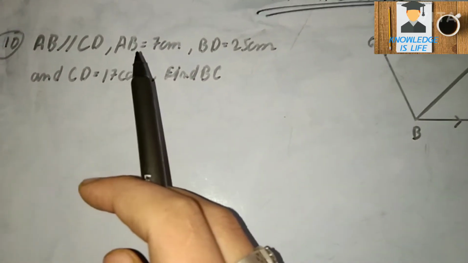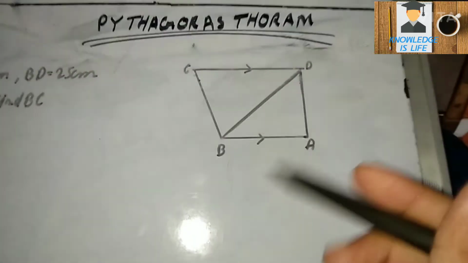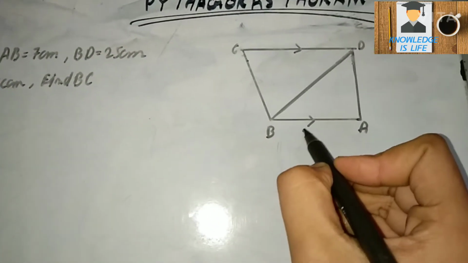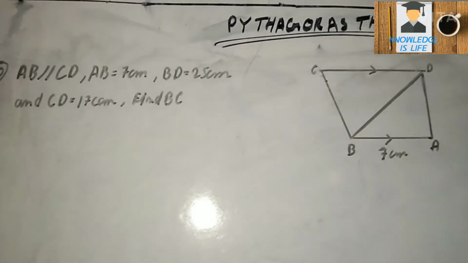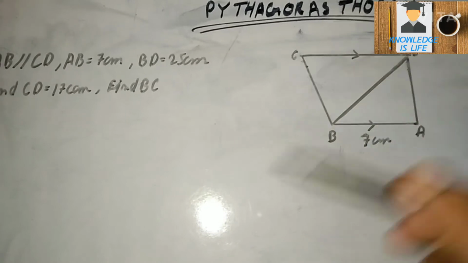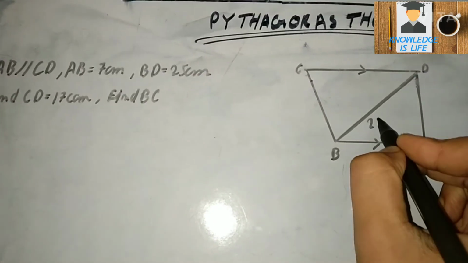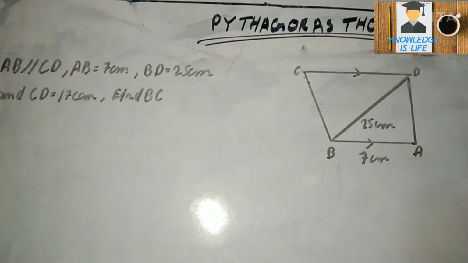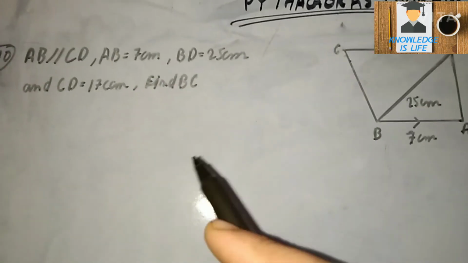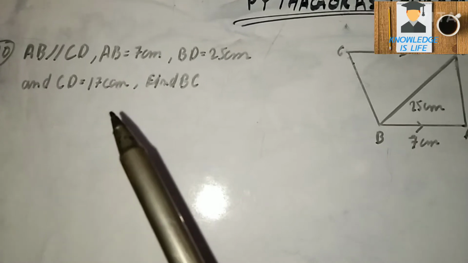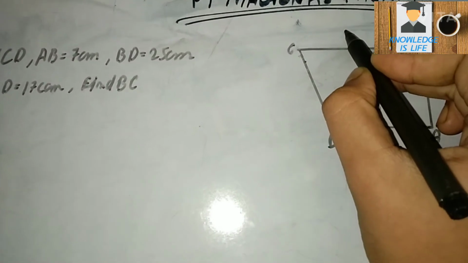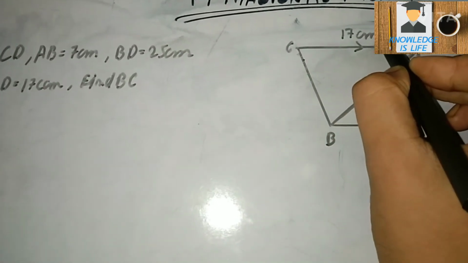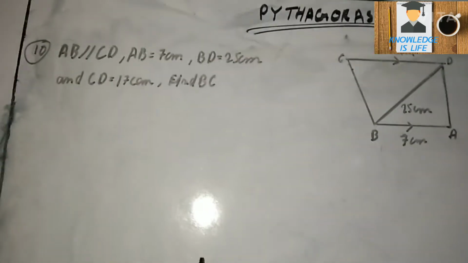AB equals 7 centimeters. BD means this line is 25 centimeters. And the line CD equals 17 centimeters.